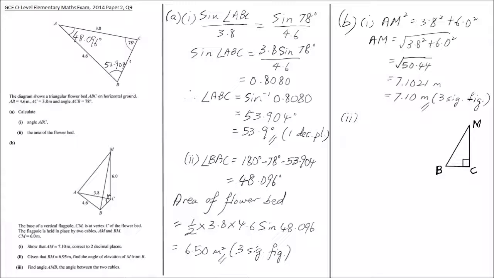And we are asked to find the angle of elevation of M from B. That would be this angle here. And we know the length of MC to be 6 meters. And BM is 6.95, given in the question.